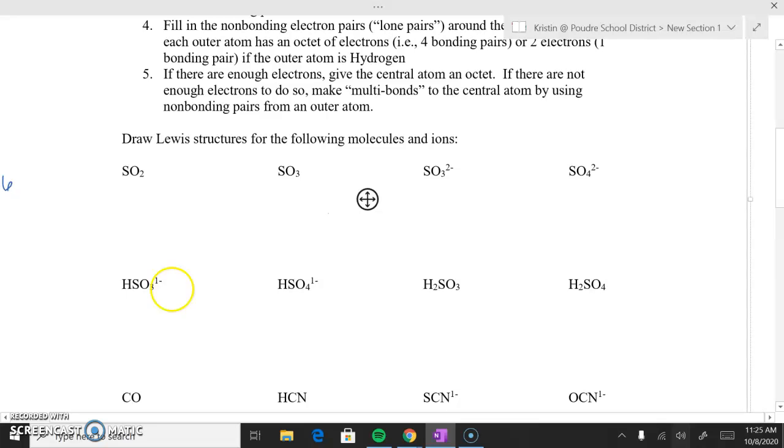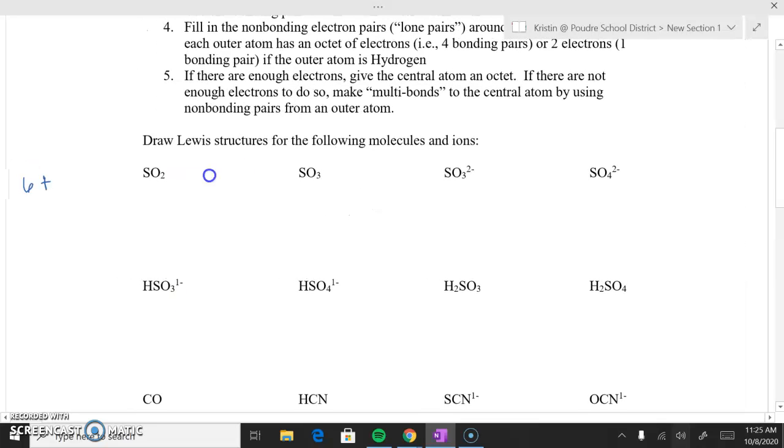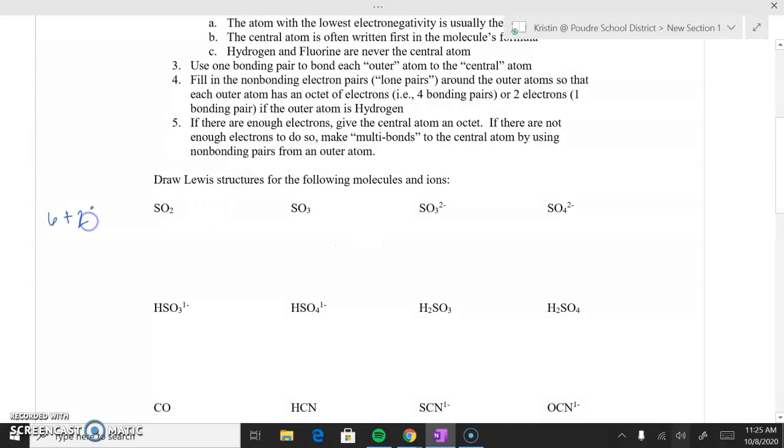So we have 6 valence electrons from sulfur, and then 6 from each oxygen, so 2 times 6 means we have 18 valence electrons total. And then we can divide that by 2, which means we have 9 bonding pairs.